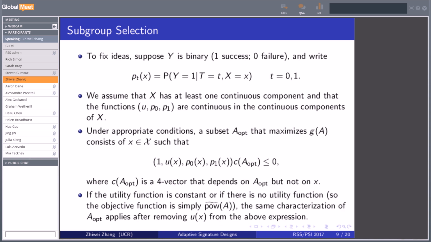So the next slide, number 9, shows the subgroup selection procedure.